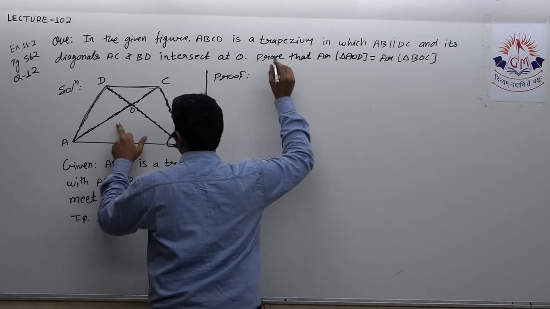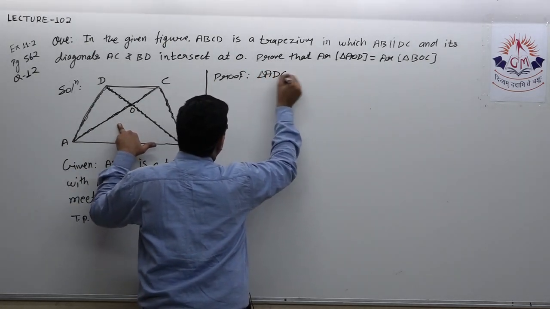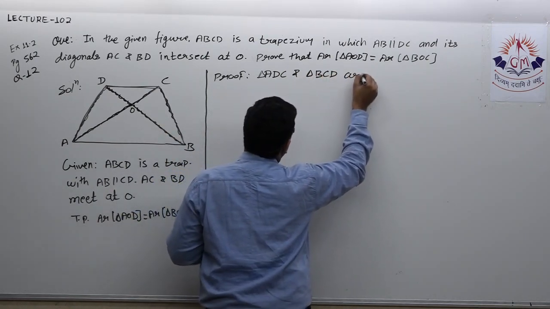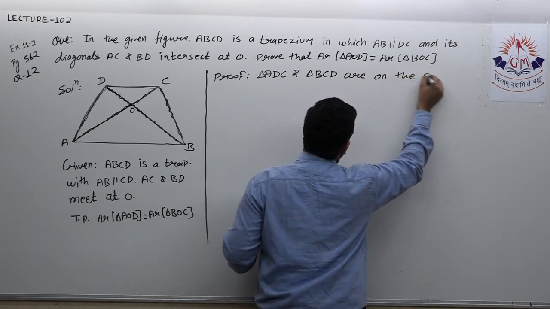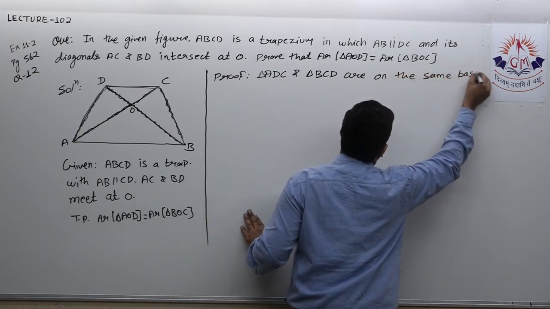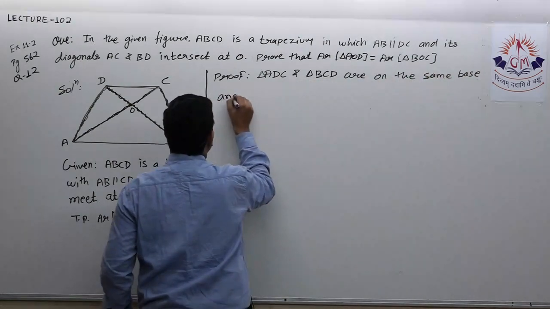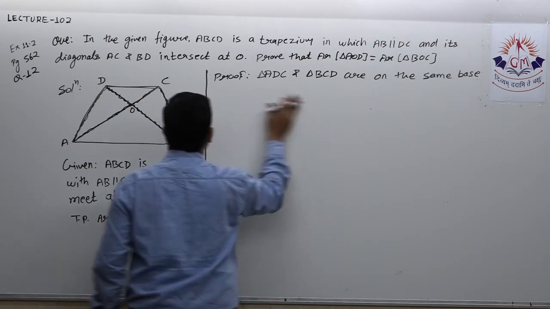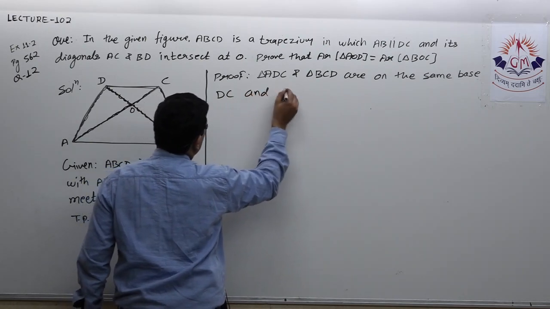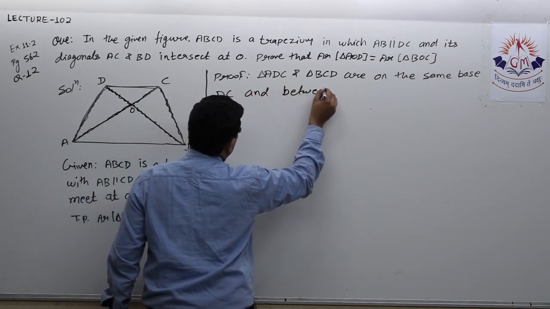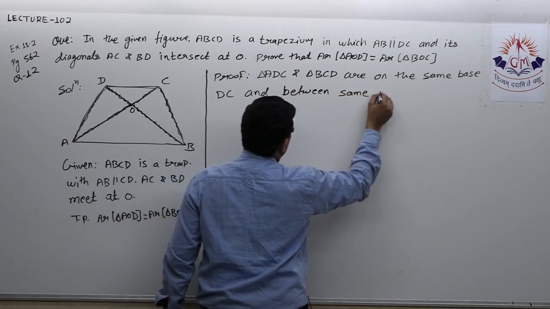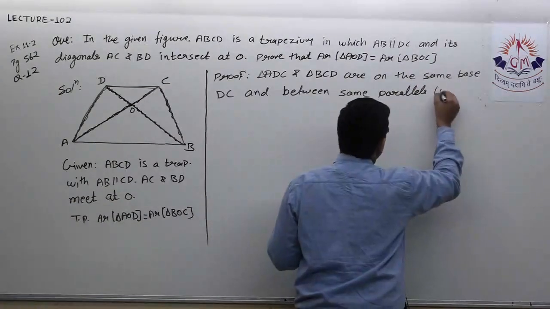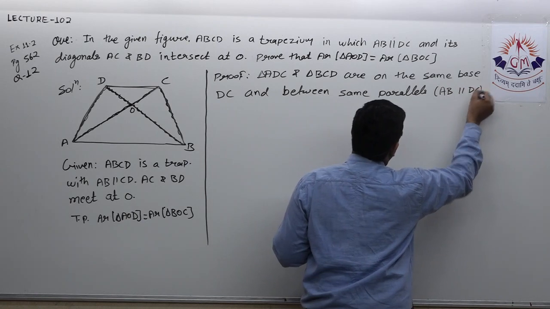So, proof: triangle ADC and triangle BCD are on the same base DC and between the same parallels AB and CD. AB parallel DC is given.